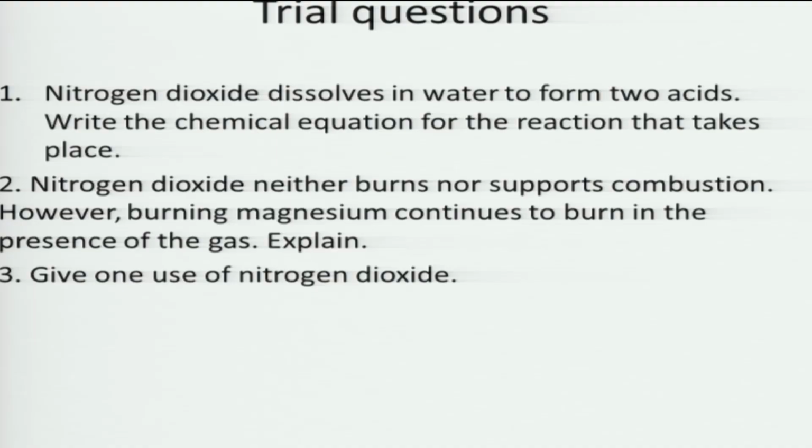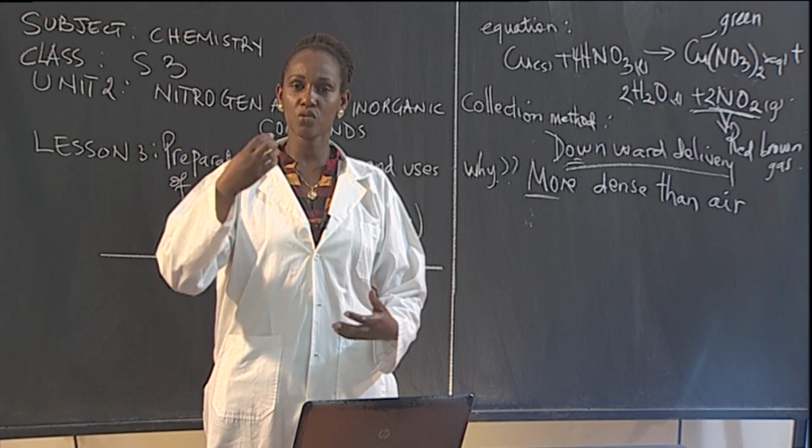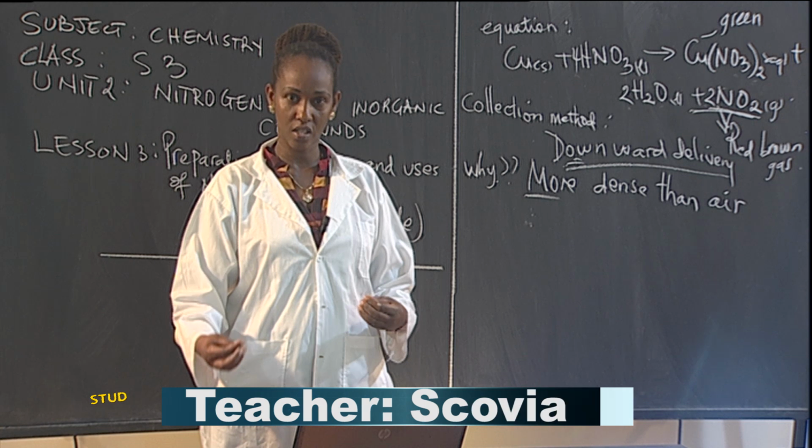So these are some of the questions. To remind you of what you have covered, I emphasized in the beginning that by the time we finish this lesson, you should be able to tell the preparation of nitrogen dioxide.